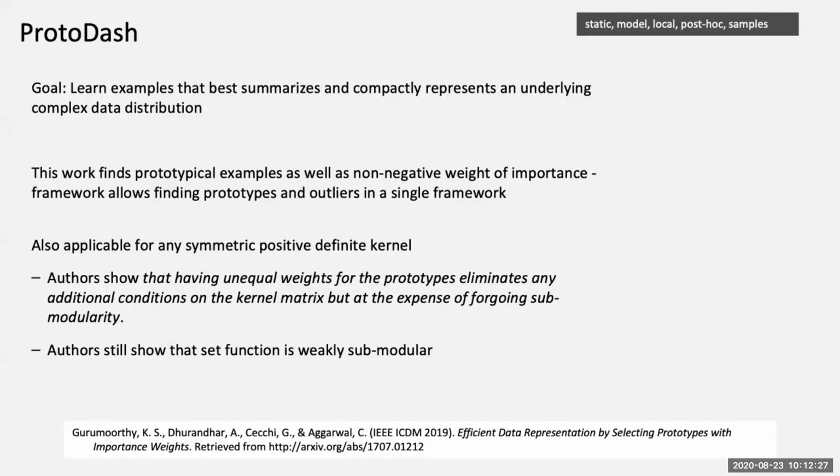And it not only can find the most important prototypes for a given dataset, but also, using the same non-negative weights, it can find the outliers for the same dataset in a single framework.